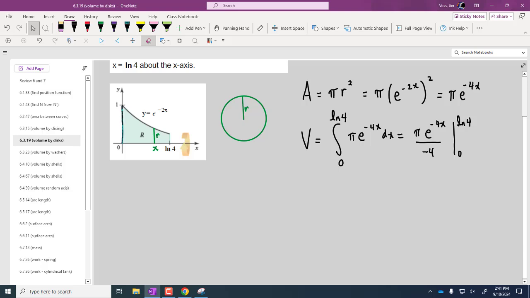I'll factor out the constant, minus pi fourths, pull it to the front, so that for the antiderivative, I'm just going to imagine plugging into this exponential part right there. Keep it a little easier. When we plug in 0, we'll get e to the 0, which is 1. When we plug in natural log of 4, I have e to the minus 4 times natural log of 4, minus e to the 0 which is 1. So we end up with that.